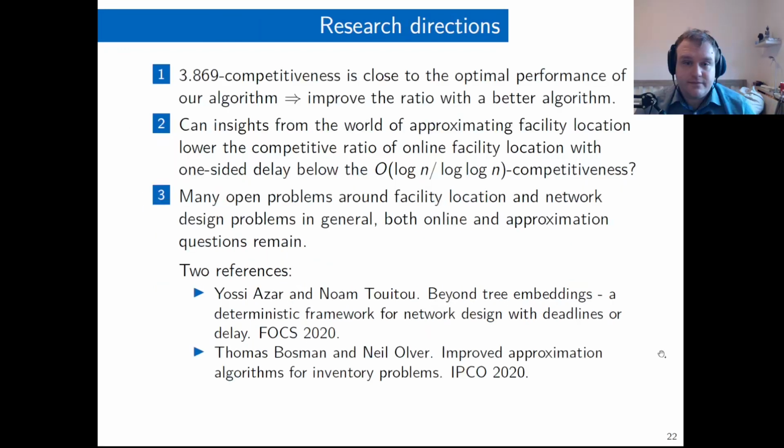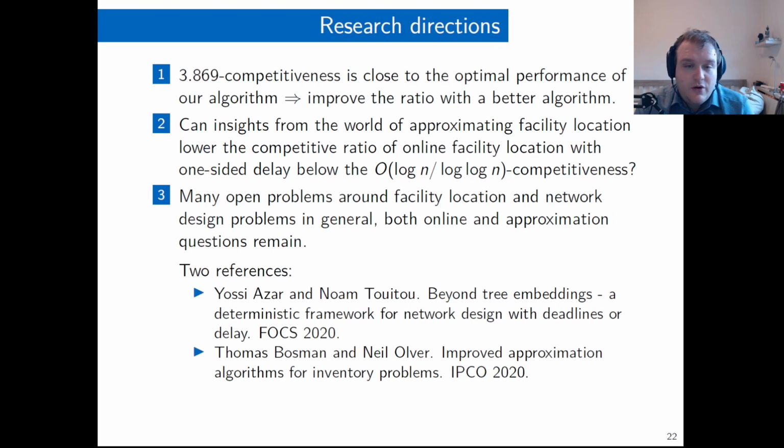It's neat. So for research directions, you could definitely improve the constant 3.869 with a different algorithm probably, or a different analysis. More interestingly, you could think about whether the world of approximating facility location, where we borrowed from, also offers other tools, or this tool, where you can shave the competitive ratio for one-sided delay below the O(log n) that we got.